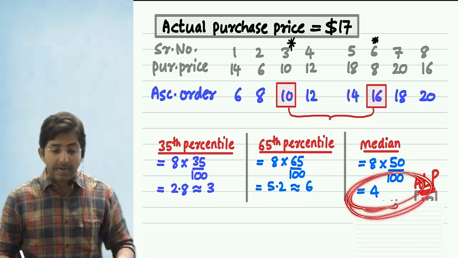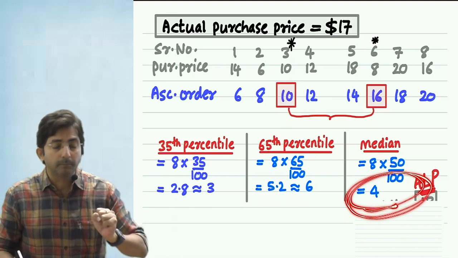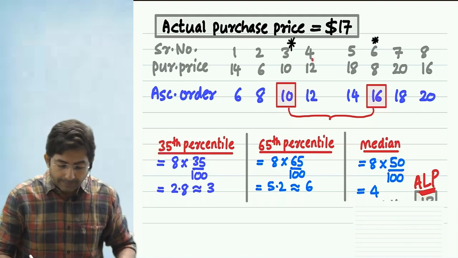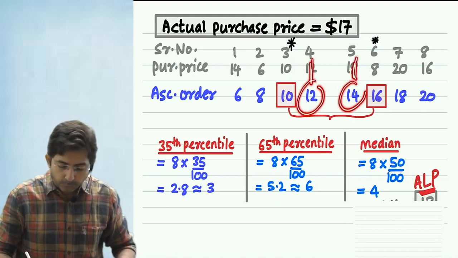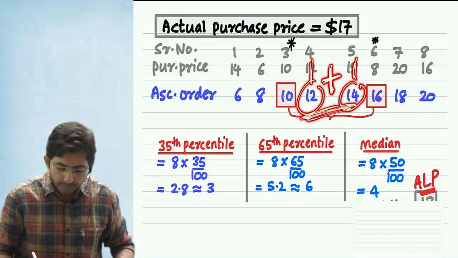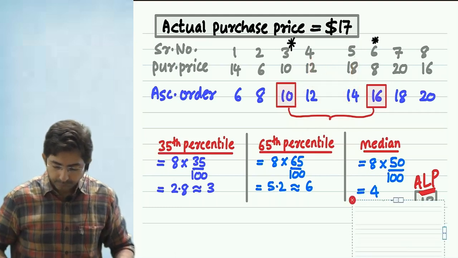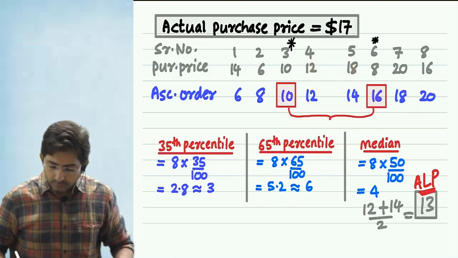But here the problem is this is not in decimals. And since the answer was already a whole number, then there is a problem that the 4th price and 5th price will have to be averaged. And what is the average of 12 and 14? 13. So 13 becomes the ALP.